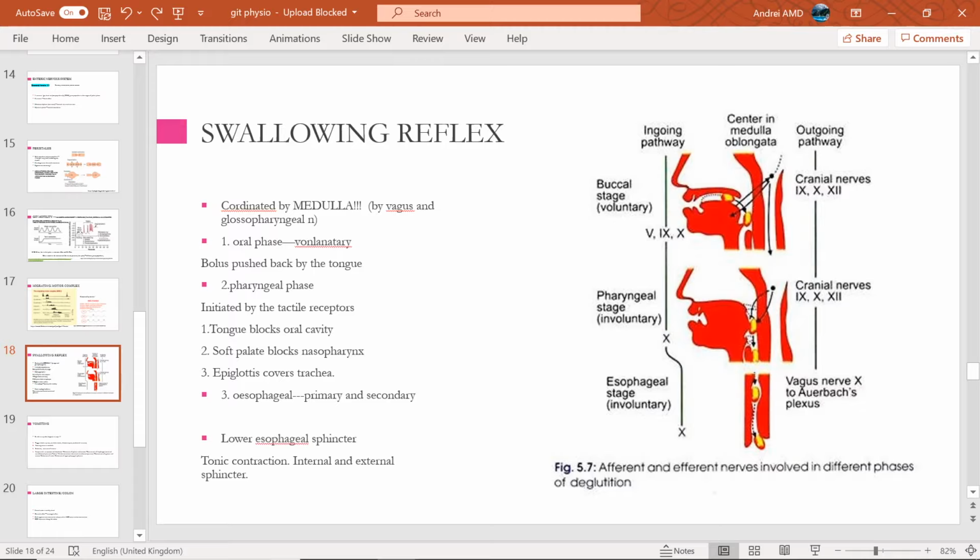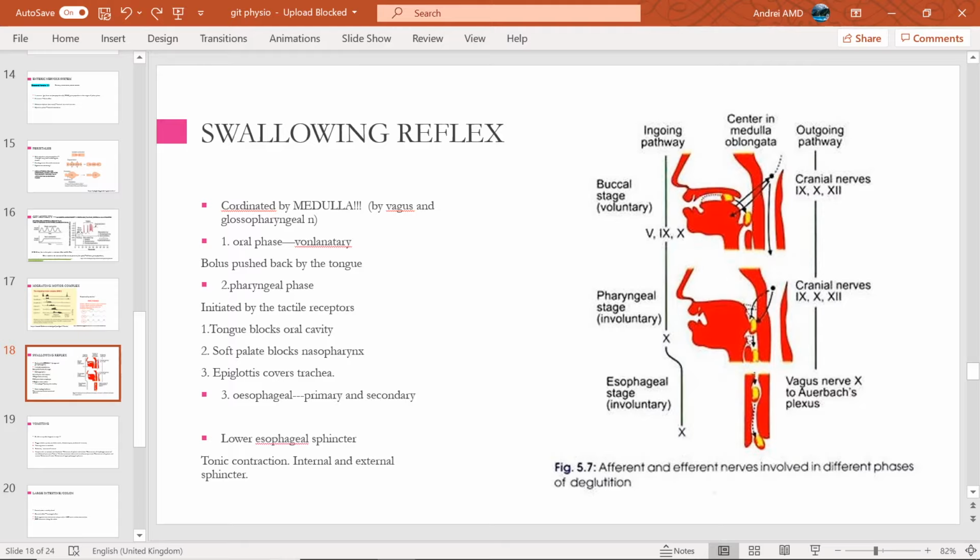Yeah, so this is all reflex. The sensory input is from the tactile receptors sensing the food's presence, and then by reflex, the epiglottis covers the trachea. Yeah, and then the food can go down. And food goes down by peristalsis.